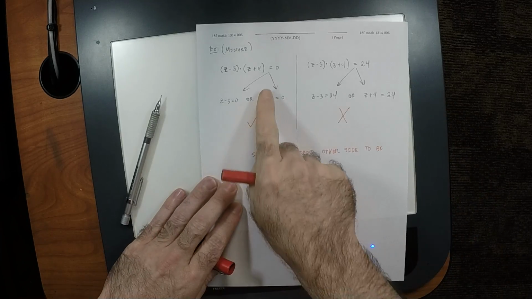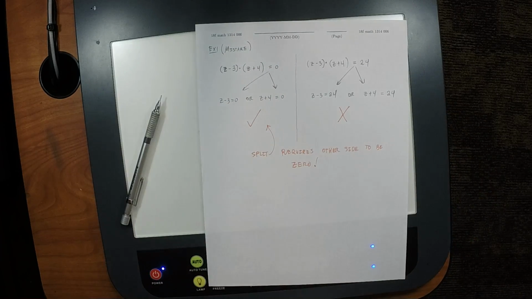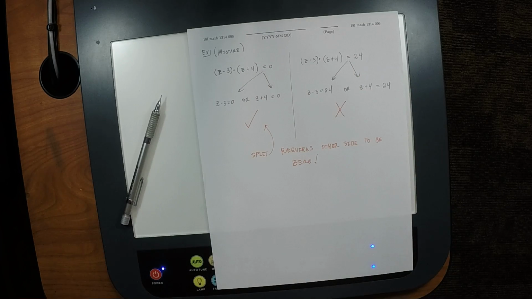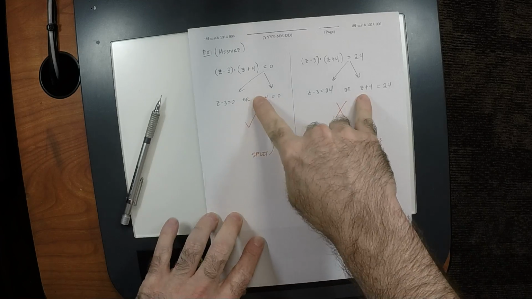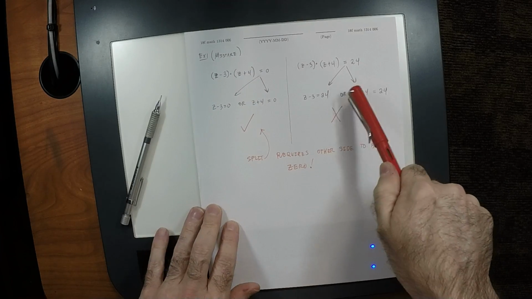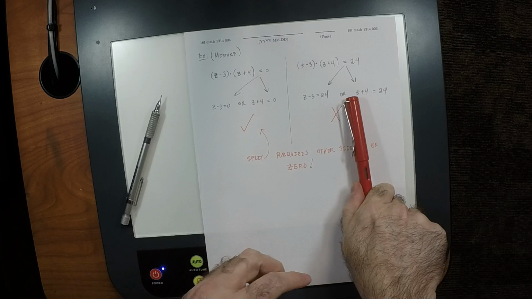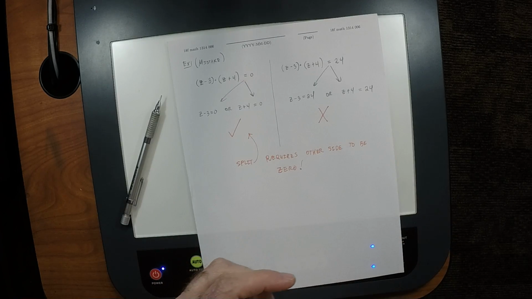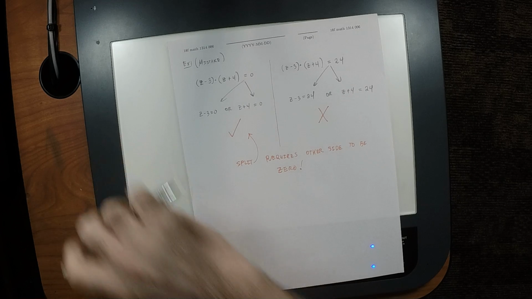Which is to say that it works when that 0 is there. It doesn't work when it's 24. Only when it's 0. Okay, I bring this up because if I don't explicitly mention this, I find that students begin doing this and then can't break that habit. And it's just not right. Any question about it? All right.